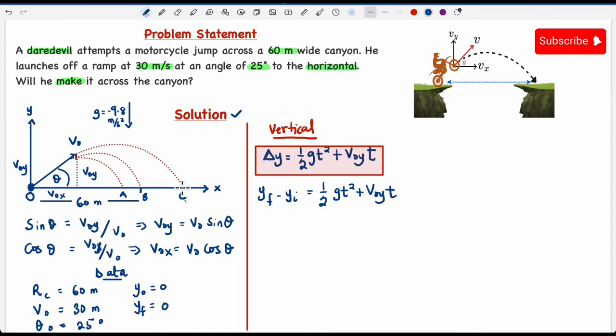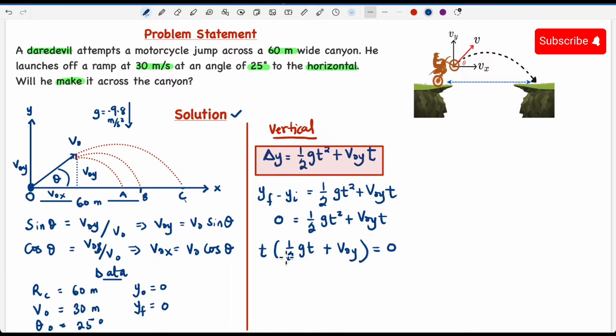So there's a net displacement along the vertical direction of 0. So that gives us this side equal to 0, and then we have 1/2 gt squared plus v naught y t. Now we can see that this is a quadratic equation which we can simply factorize the time out as t into bracket 1/2 gt plus v naught y, and that is equal to 0.